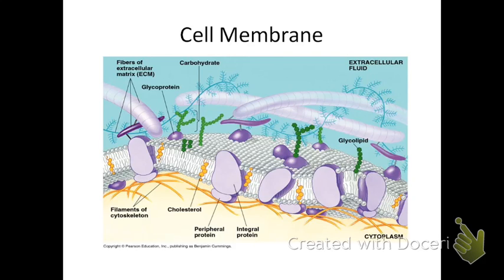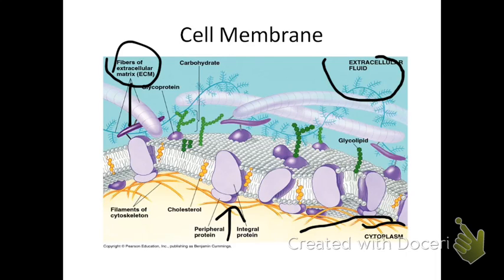The ECM is kind of like an armor for the fragile cell. Here on the outside the extracellular matrix can attach to these proteins, whereas on the inside you have an attachment for the cytoskeleton, these little orange looking structures.